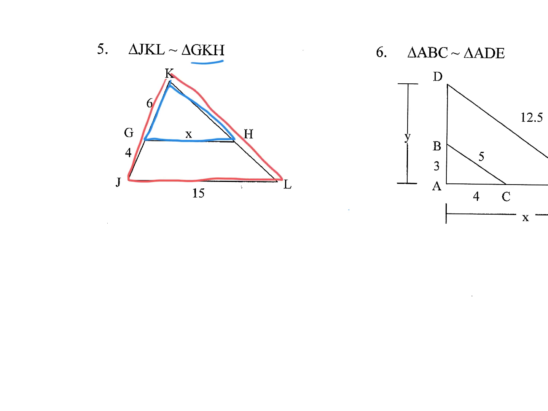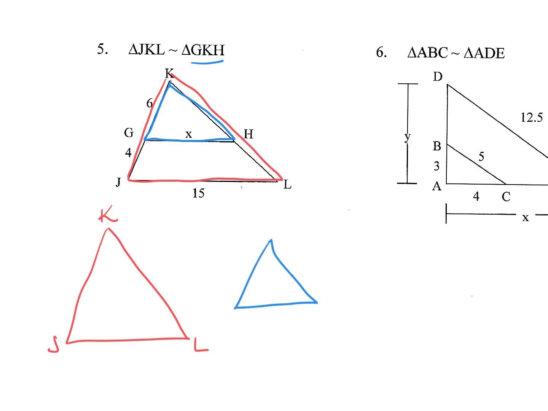To make it easier, separate them and redraw them. They don't have to be perfect, needless to say, because I can't draw. So here's JKL, and then I have my small triangle, GKH.